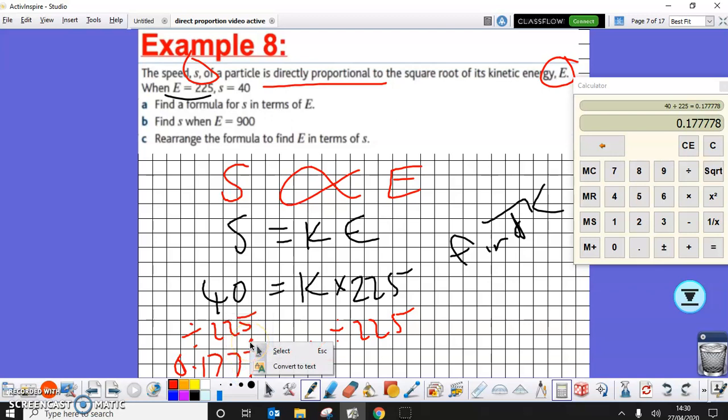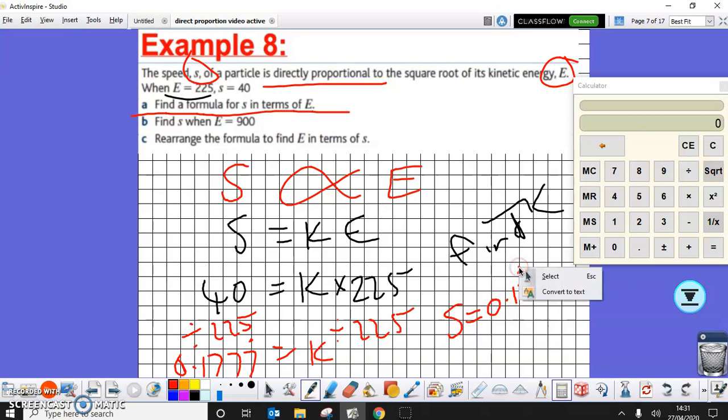Okay, so that's my value of K. So if I wanted to write this as a formula again for A, S is going to equal 0.17 recurring of E. And that's my answer to part A. S equals 0.177777 of E.